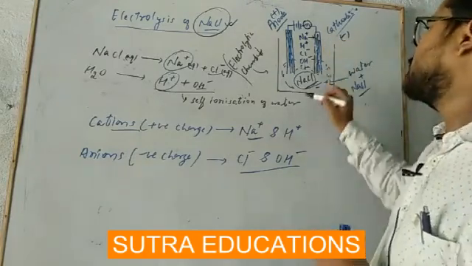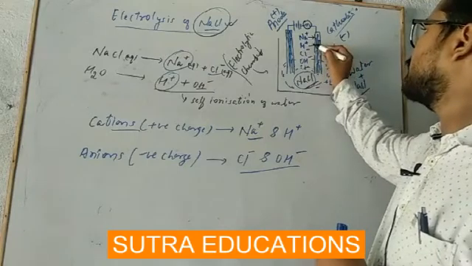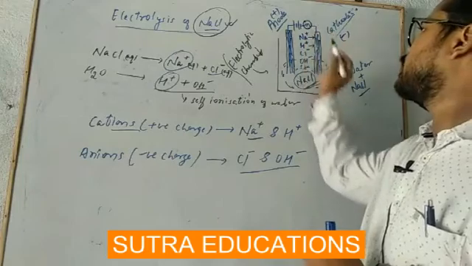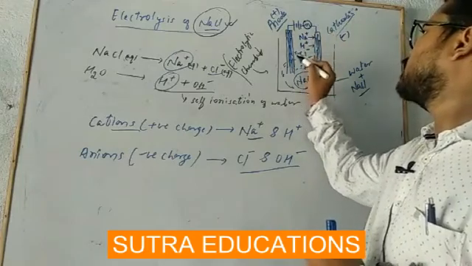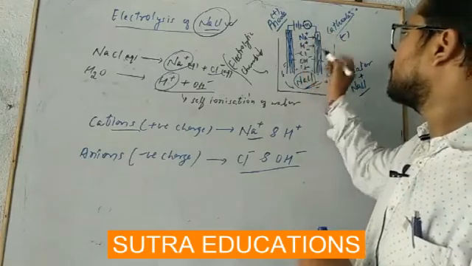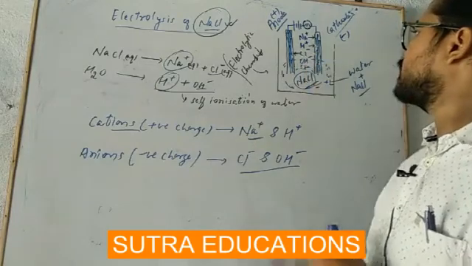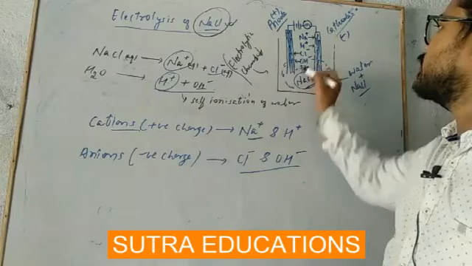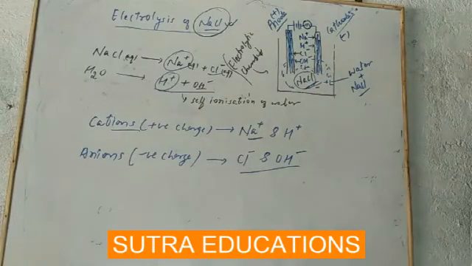H plus is positive, cathode is negative, so it will be attracted towards cathode. Cl minus is negative, anode is positive, so it will be attracted towards anode. OH minus is negative and anode is positive, so it will be attracted towards anode. Got it?